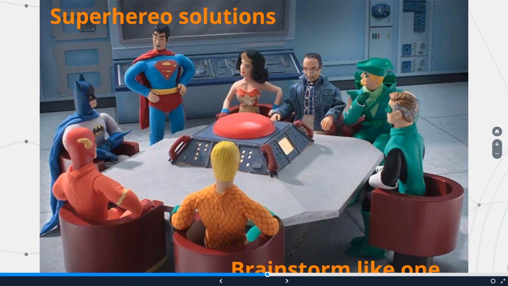Or how would Batman solve the problem? Well, he might have a bat alarm clock, so I don't know. So the idea here is that if you don't really have ideas, or your group doesn't have any ideas on how to solve the functions, well, you can put on the cap of a superhero and try to think and be creative about that.